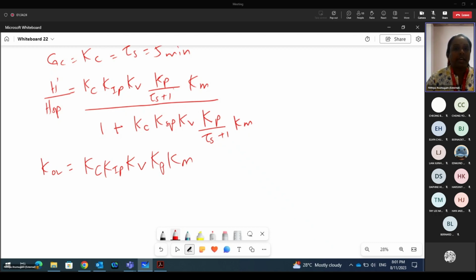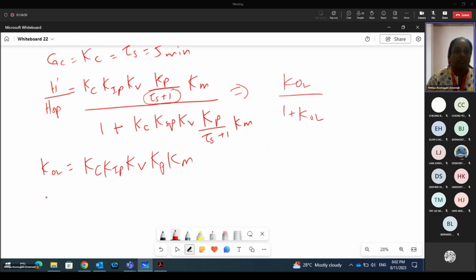We don't express it in terms of tau s plus 1. We need to rearrange this equation to KOL over 1 plus KOL. From that we can get what our KOL is. You rearrange everything in terms of tau s plus 1, and then you know what KOL is.